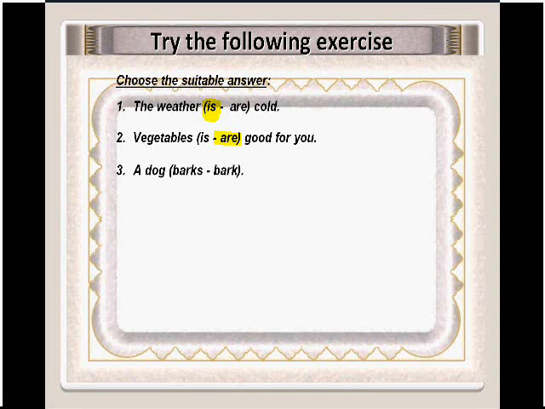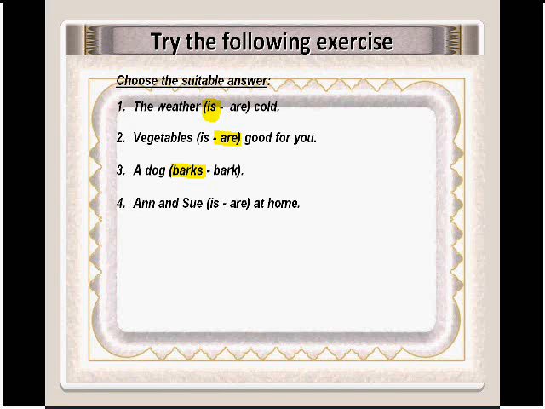No, it can't be bark because, as we said before, if the verb has no s, then it means it is plural. Remember at the beginning of our lesson when we said that verb with s means singular? Again, here dog is a singular subject. So my verb should be barks. Excellent.